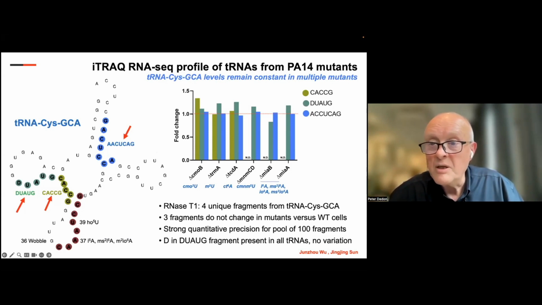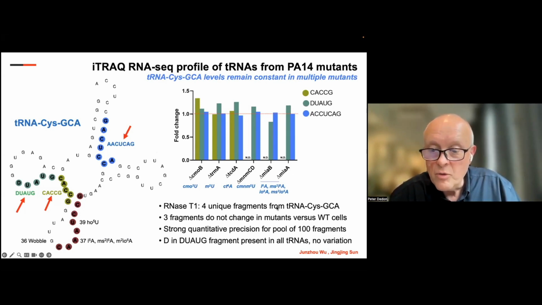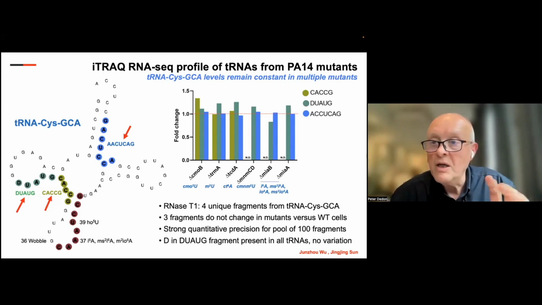That is, these 3 fragments, which don't have any changing modifications, all come in pretty close to the same across all the analyses. So none of the mutations really affect the abundance of this tRNA isoacceptor in total.